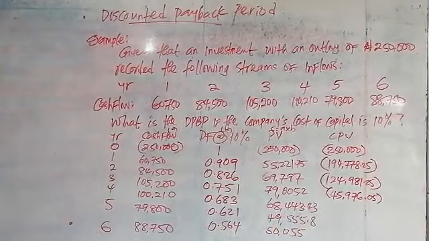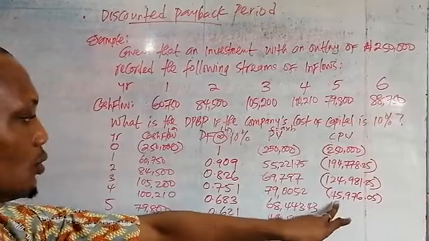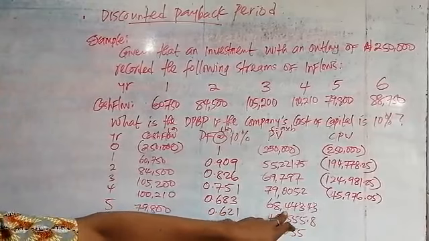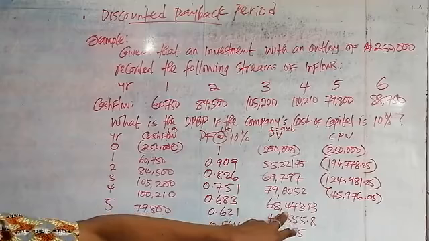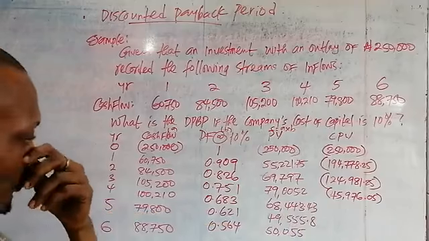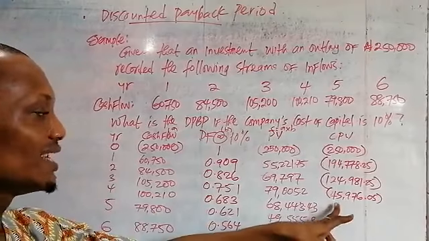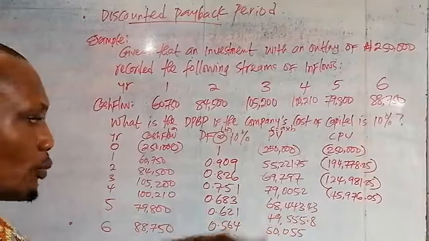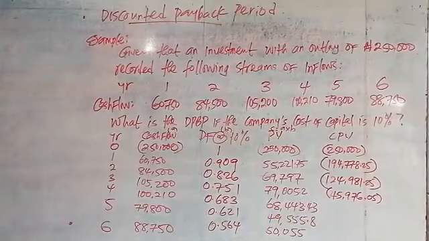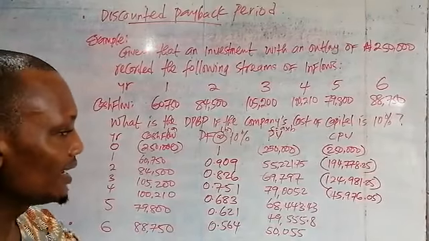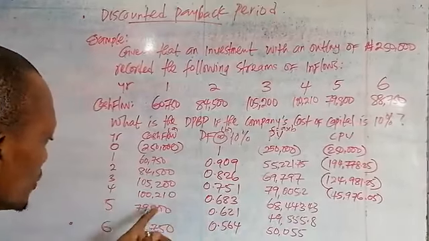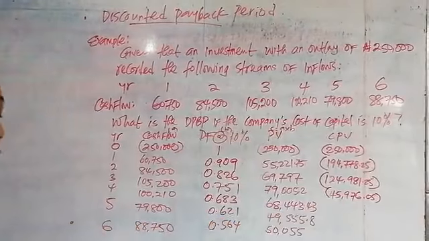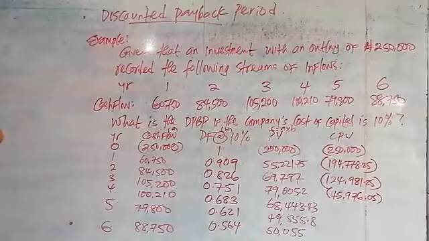But if you look at it very well, the value we have at the end of year three is not up to the value that we realize in year four. Therefore we must not necessarily wait till the end of year four before we recoup our investments. Within year four, we would be able to recoup this remaining part of our investments.